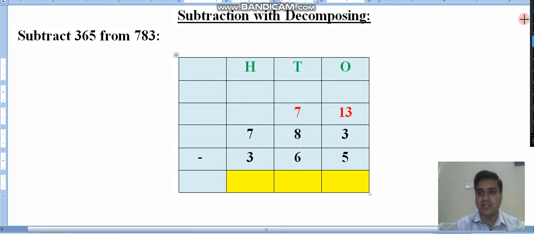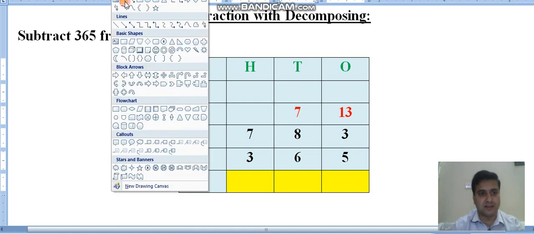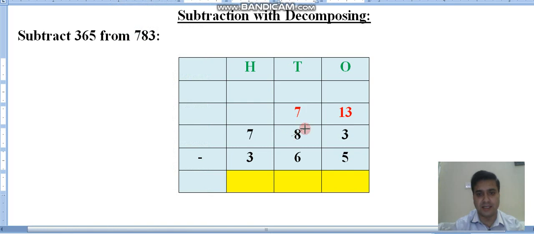Now cross out the digit at tens place 8 and the 3 at ones place. Now subtract. Subtract 5 from 13. When you subtract 5 from 13 you get 8.